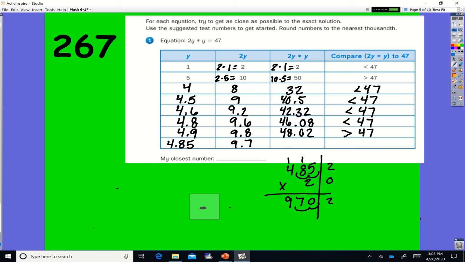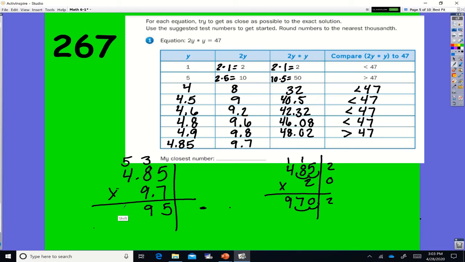So we have 4 85 hundredths times 9 7/10. I go 5 times 7 is 35. 8 times 7 gives us 56. Plus 3 more is 59. 7 times 4 is 28, plus 5 more is 33.